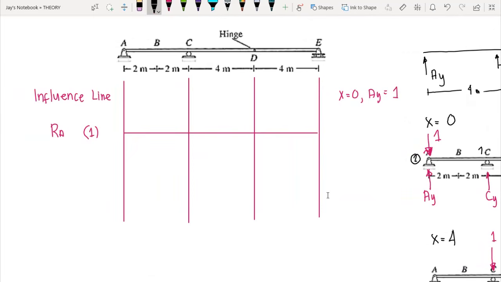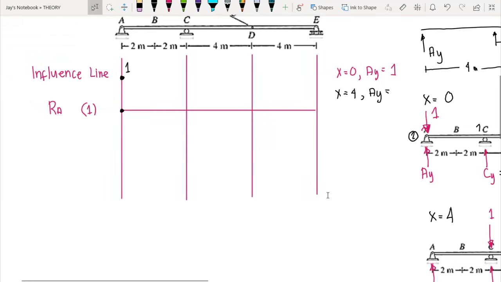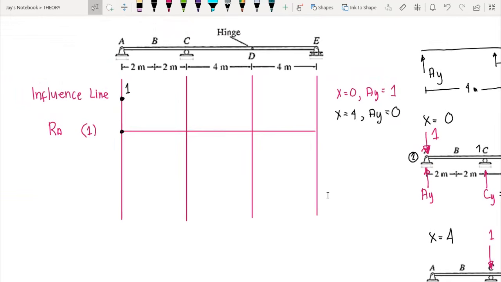So that means when x equal to 0 at this point, the value of y is 1. So we have a 1 here. Now for our x equal to 4, the value of Ay is equal to 0. So therefore at x equal to 4, the coordinate of our influence line here is 0.